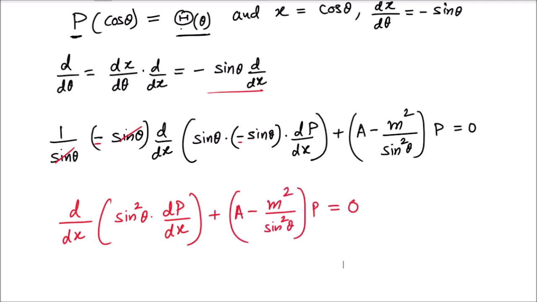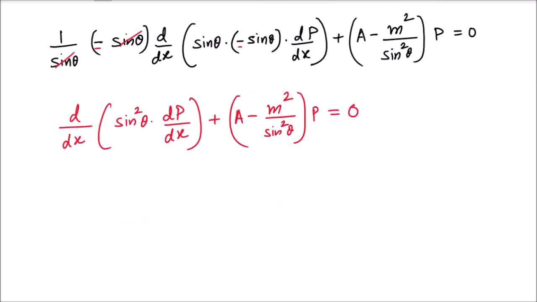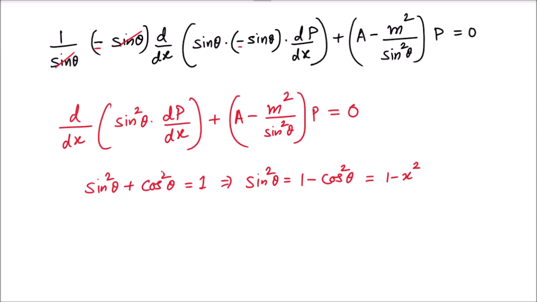Now, next part. Sin square theta plus cos square theta is equal to 1, so just replace sin square theta by 1 minus x square.